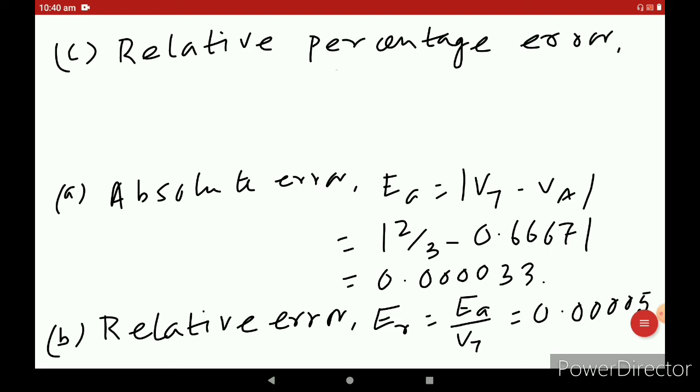We know this formula Ep equal to Er into 100. So that equal to, we find, 0.005%.